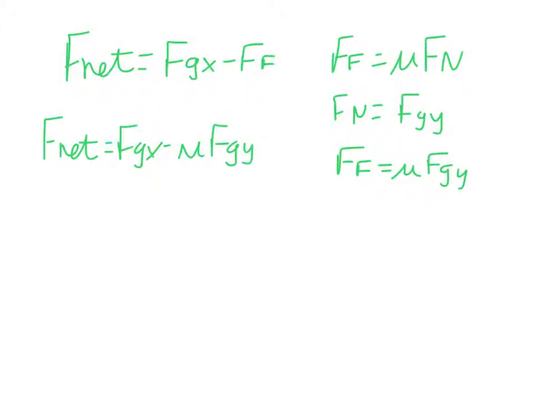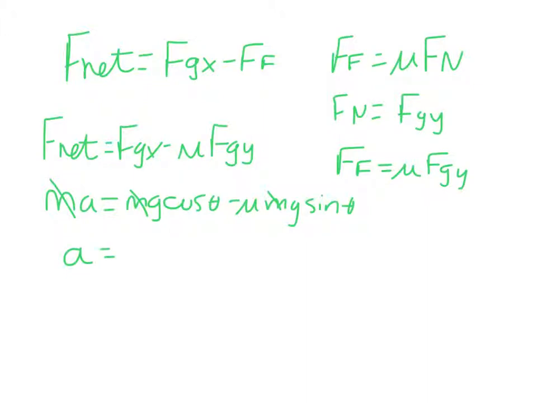Now let's break everything apart. F net is equal to mass times acceleration. This equals Fgx, where Fg is equal to mg. The x component of Fg would be times the cosine of theta, minus mu Fg, again mg. The y component of Fg is times the sine of theta. All of my masses are going to cancel because mass appears in all three terms.